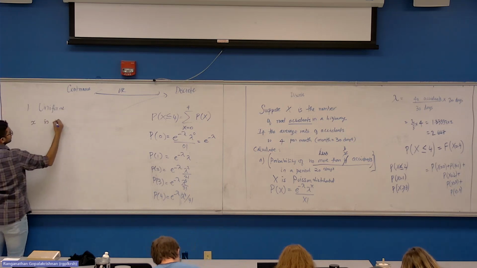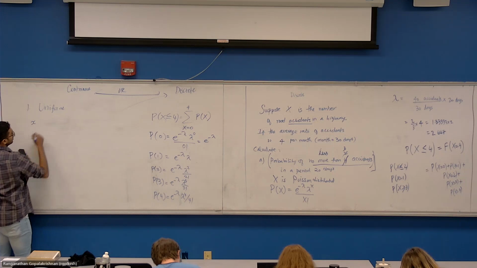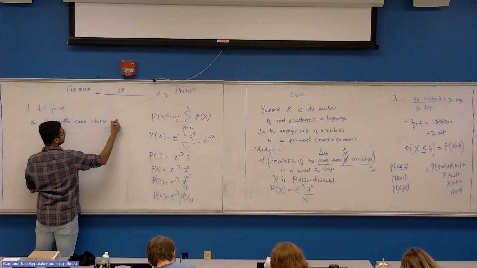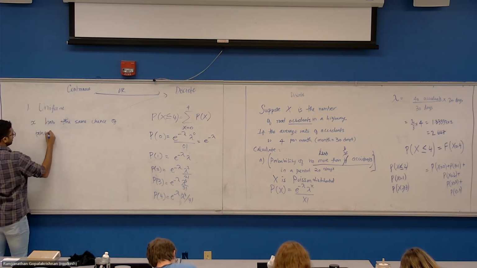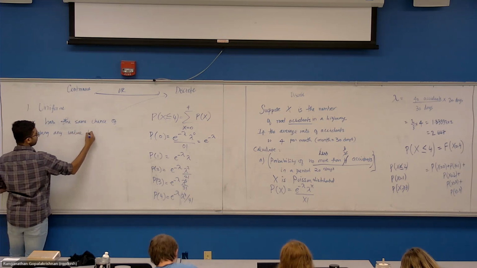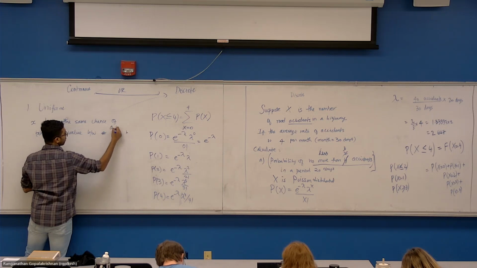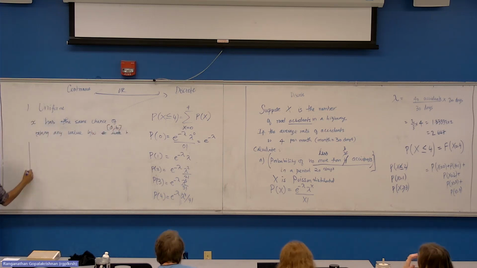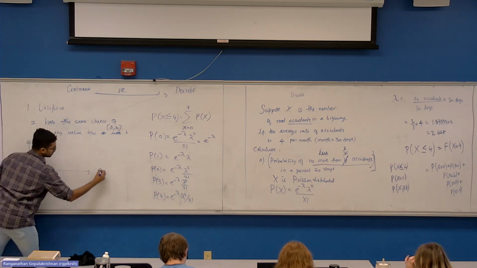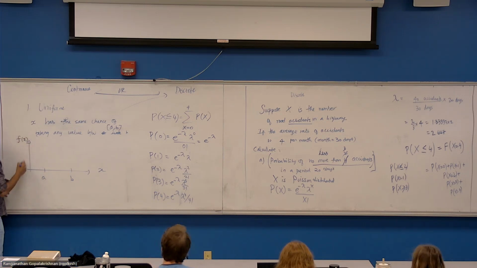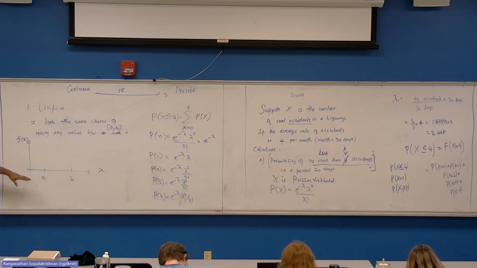Here x has the same chance, same probability of taking any value between A and B. So if I say this is x, this is A to B, I am saying x has the same chance of taking any value between A and B. How will you represent that as a graph? If f of x is just constant across the interval, how will the graph look?